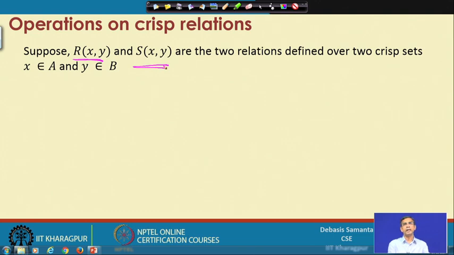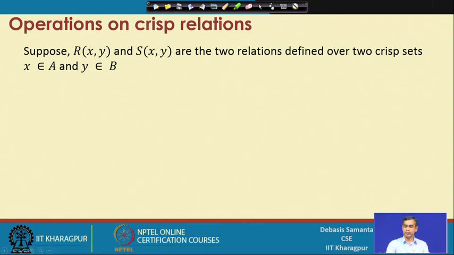Similarly, S(x, y) can be obtained by means of another relation matrix.